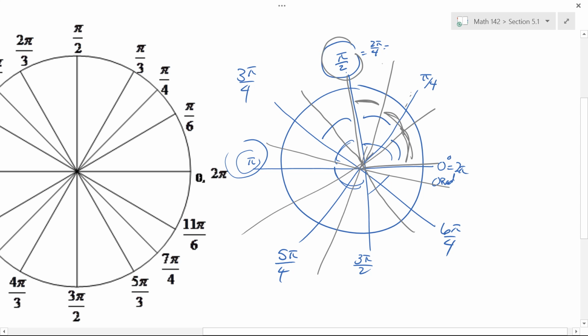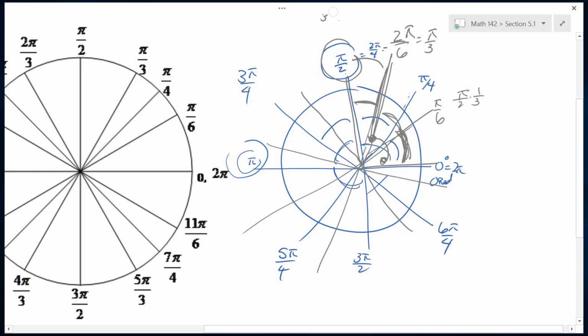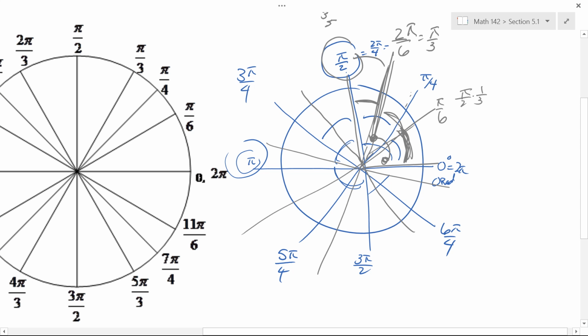So I took pi over 2 and I split it up into 3 pieces. Pi over 2 divided by 3 is pi over 6 here. Okay. Here's 1 pi over 6. To get from here to here, I have 2 pi over 6, which is pi over 3. This is 3 pi over 6. Reduces to pi over 2.